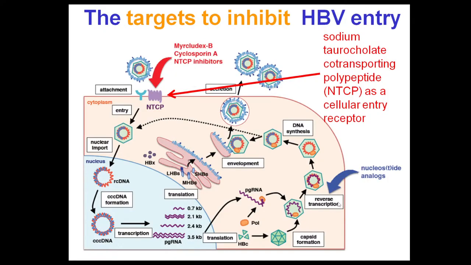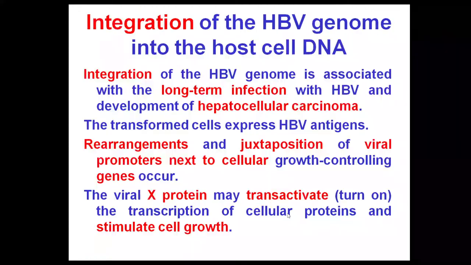But apart from this, we don't see many targets for treatment of the hepatitis B infection. So that's why until now we are not very good in treatment of hepatitis B.